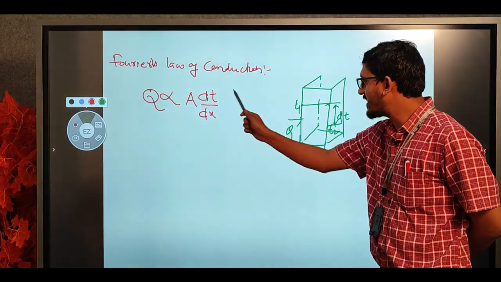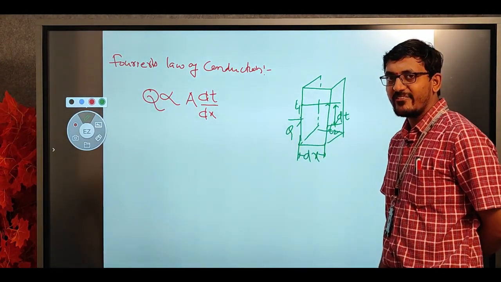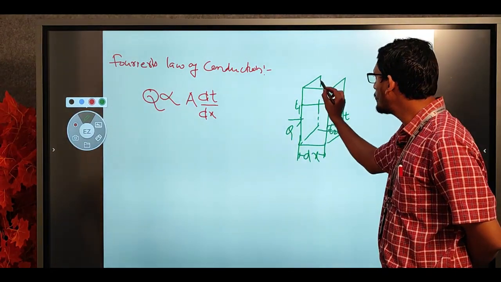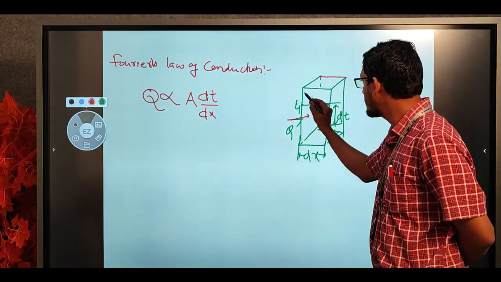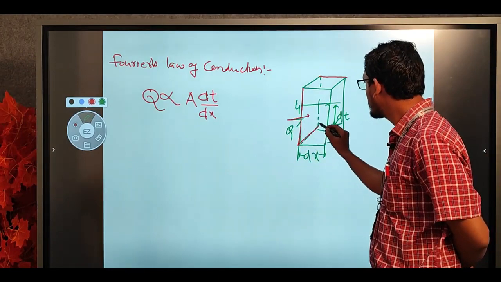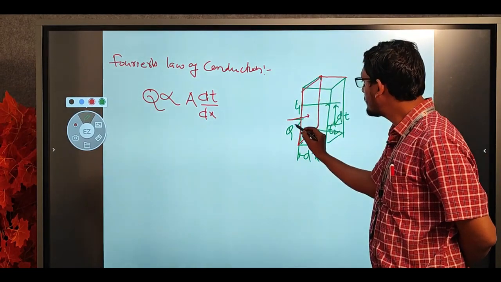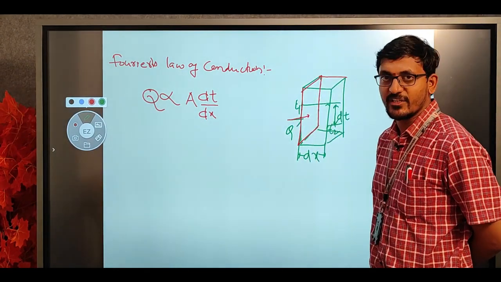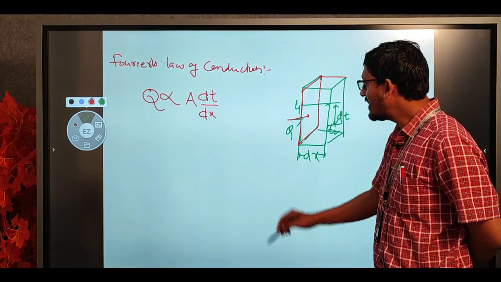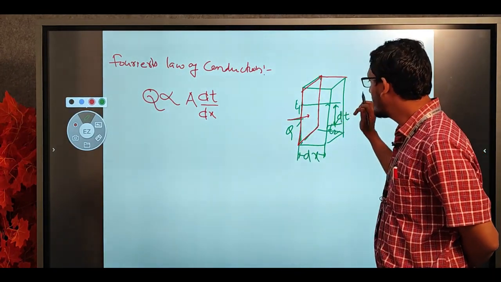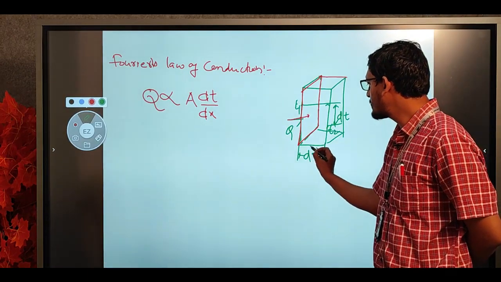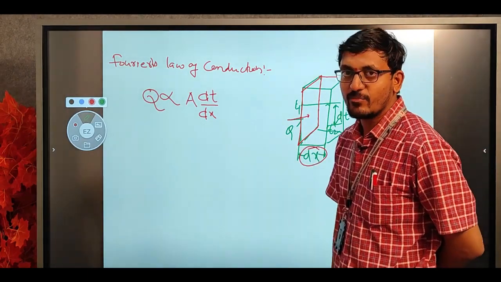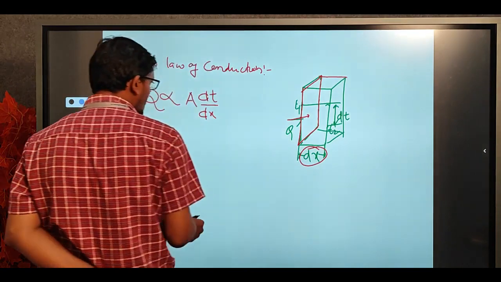The rate of heat flow is directly proportional to the area perpendicular to the direction of heat flow, this face, this face. Heat is flowing perpendicular to this face, and it is directly proportional to the temperature difference of that body and inversely proportional to the thickness of that body, right.